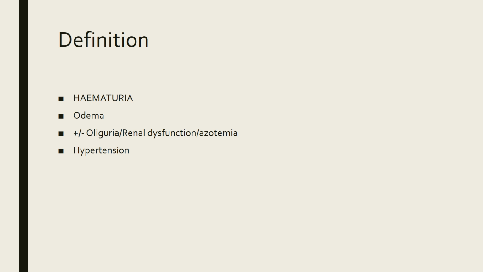The hallmark of the nephritic syndrome is the presence of glomerular hematuria. Other things that may be present are edema, renal dysfunction, as well as hypertension. When all these four features are present together in a patient, the patient is said to have a full manifestation of the nephritic syndrome.